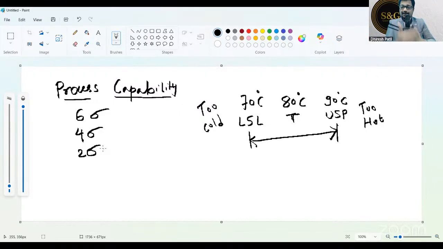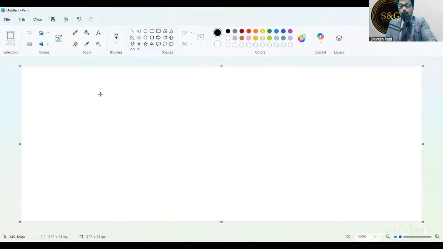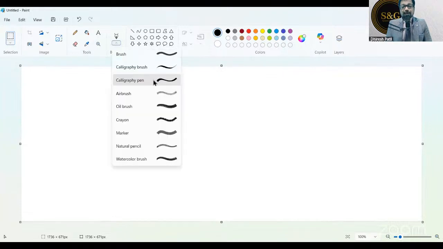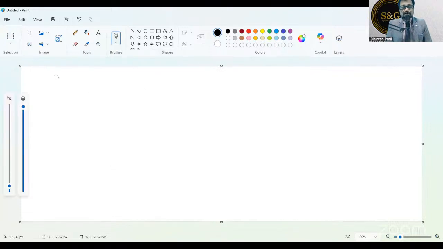But before that, in the industry, the very first process capability analysis started. Let me give you the chronology of the process capability. The very first process capability number would be the percentage. Very simple.